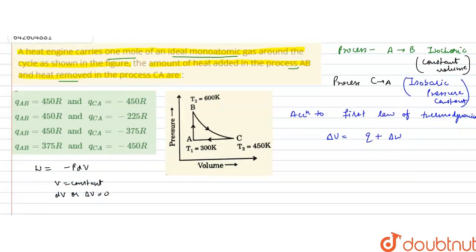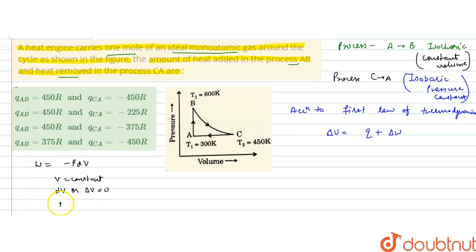So if delta V is 0, work done will be 0. It means delta U will be equal to delta Q or Q. That is, the change in internal energy is equal to the amount of heat.